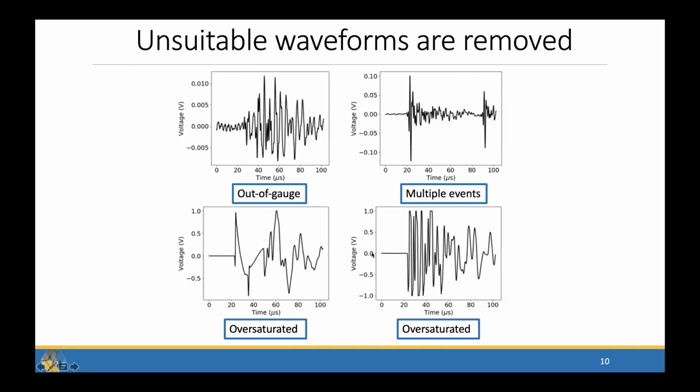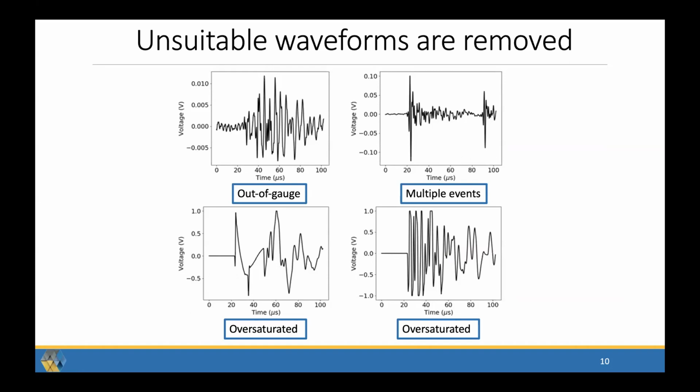And we did remove some unsuitable waveforms in the experimental configuration. We removed them if there was an out of gauge event, so something that happened in the grips that produced an acoustic emission signal, and we were only looking inside the gauge. About 95% of the signals that we removed were out of gauge because that's not where we were looking.